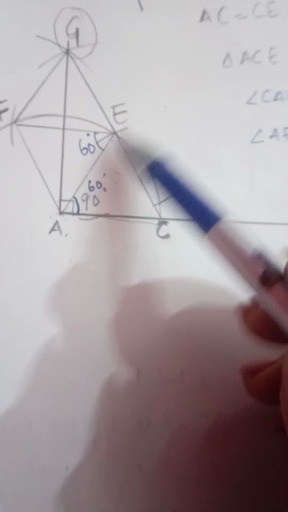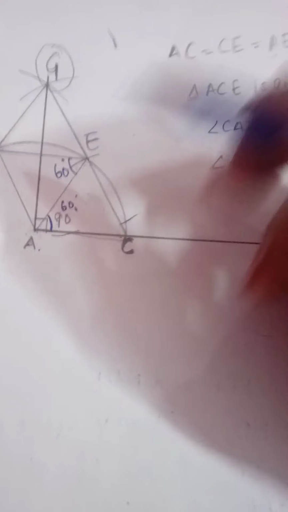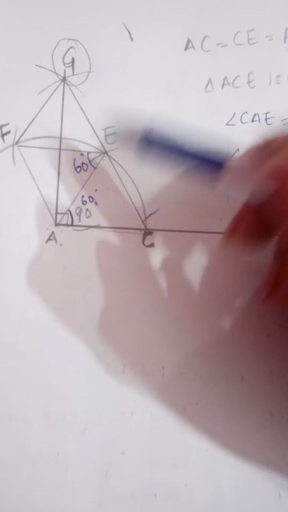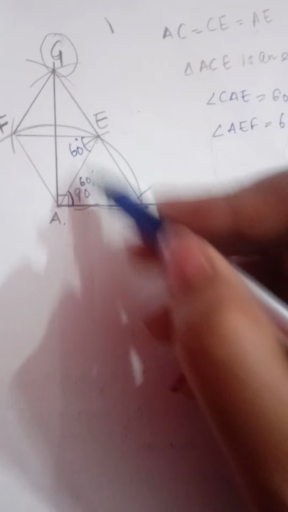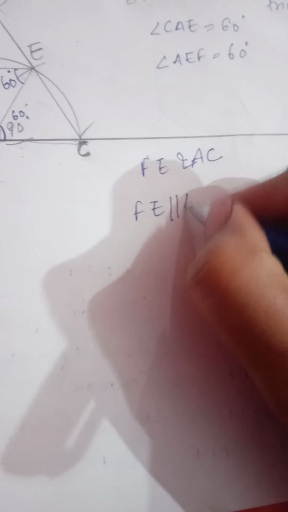Angles FEA and CAE are alternate angles and they are equal, so lines FE and AC are parallel.